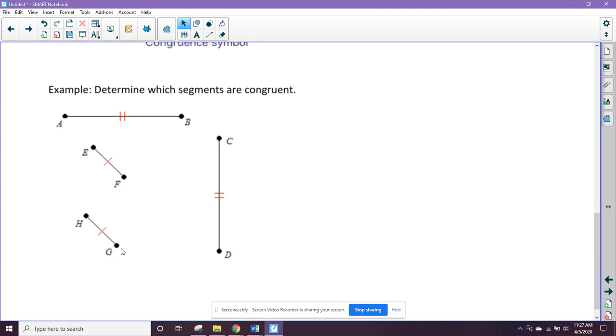So this last example, we're going to determine which segments are congruent. So let's start with AB. Which segment is going to be congruent to AB here? This has 2 tick marks. Does any other line have 2 tick marks? Oh, CD does. And do they look about the same length? They do. So AB is going to be congruent to CD.